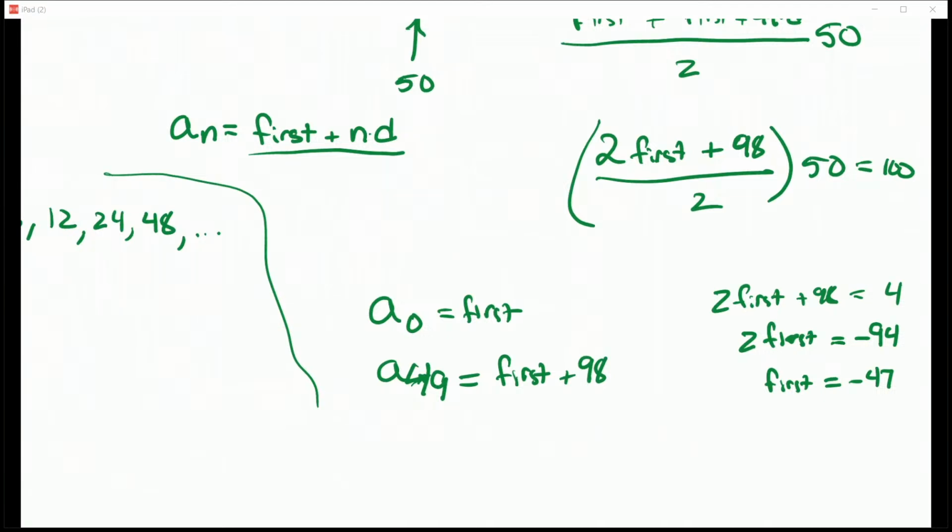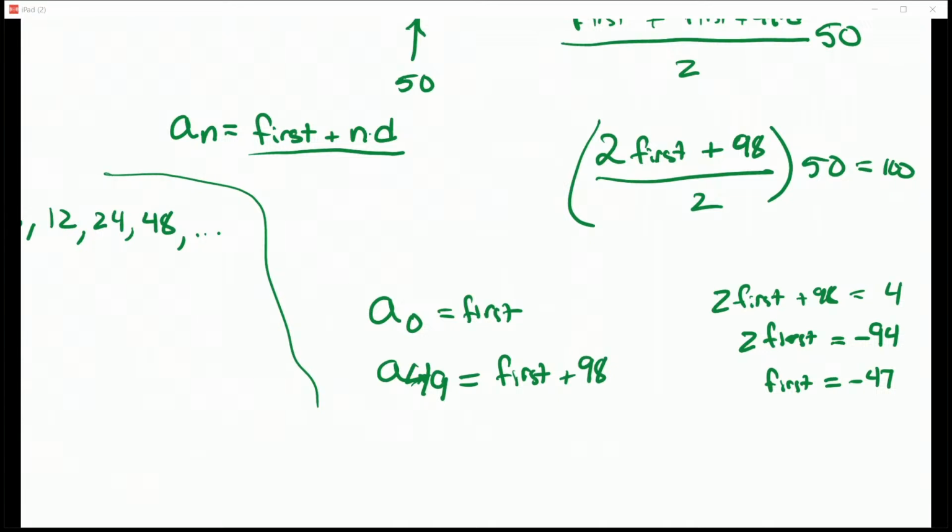So 47, common difference is 2, you'd have 47, 49, 51, and so on. If you add up all those numbers, for sure you're going to get way bigger than 100. Same with 48, way bigger than 100. So the only two that it's possible for is negative 48 and negative 47. So already you've narrowed it down to just those two, and then you could just guess, I suppose.